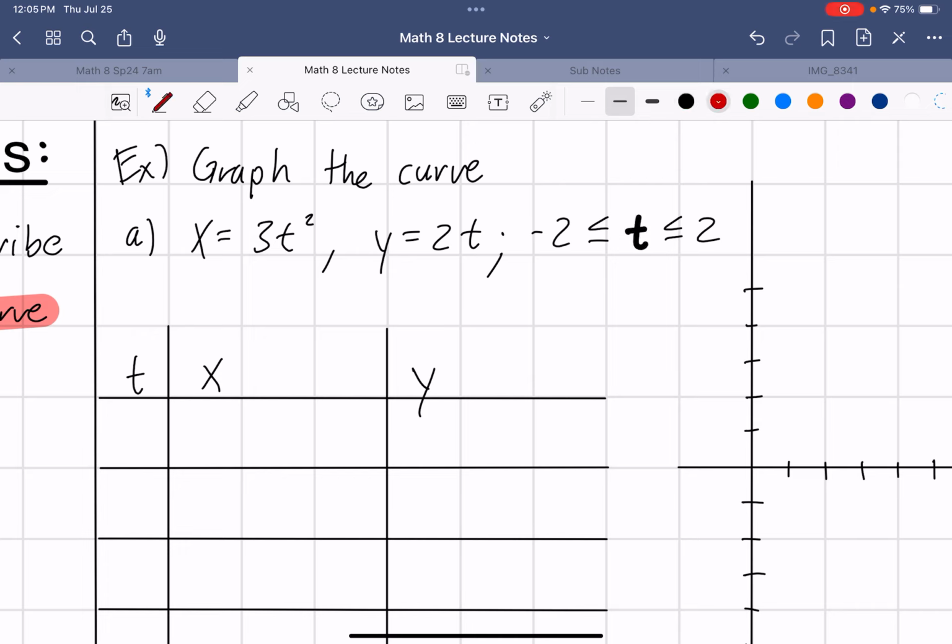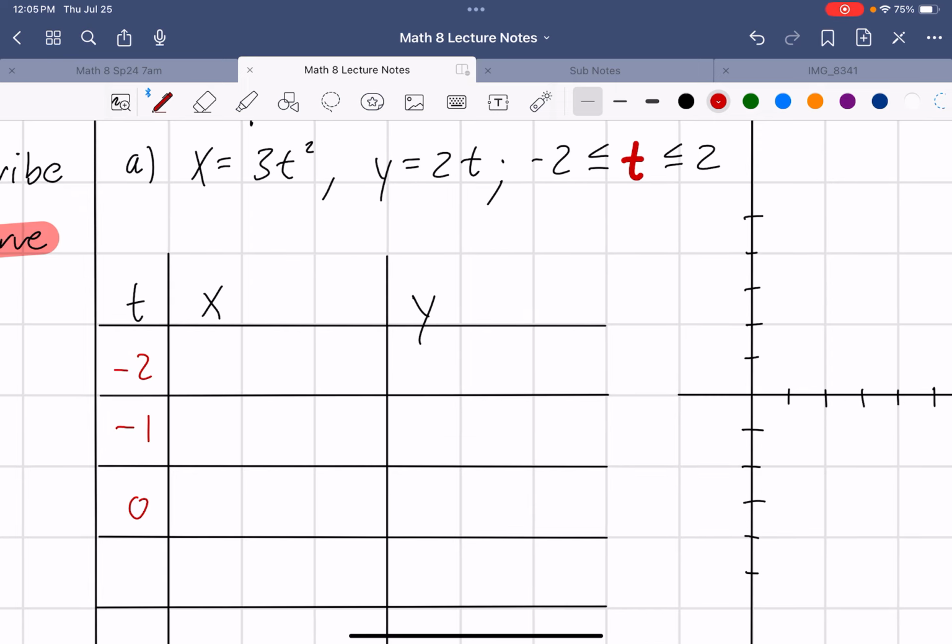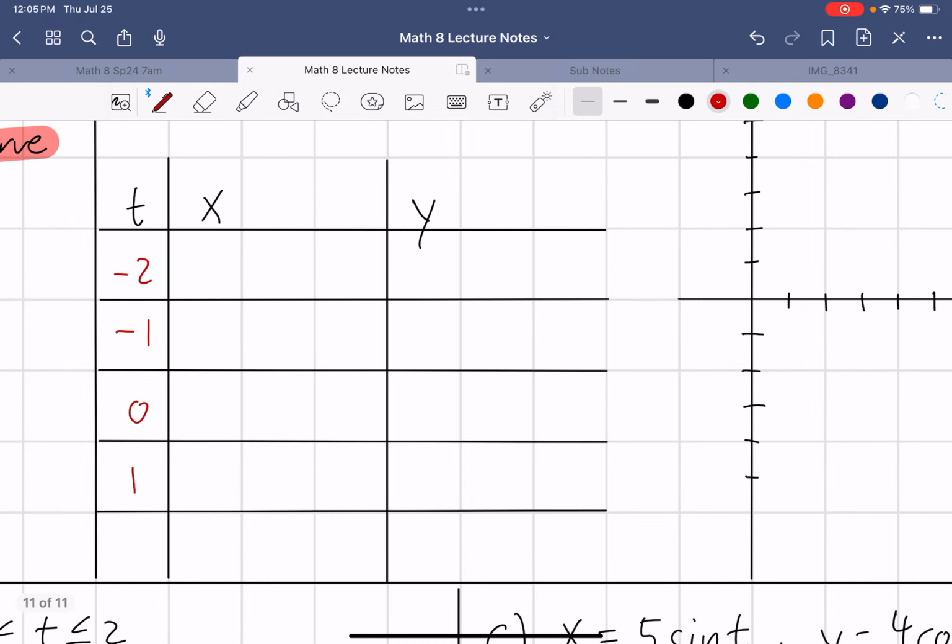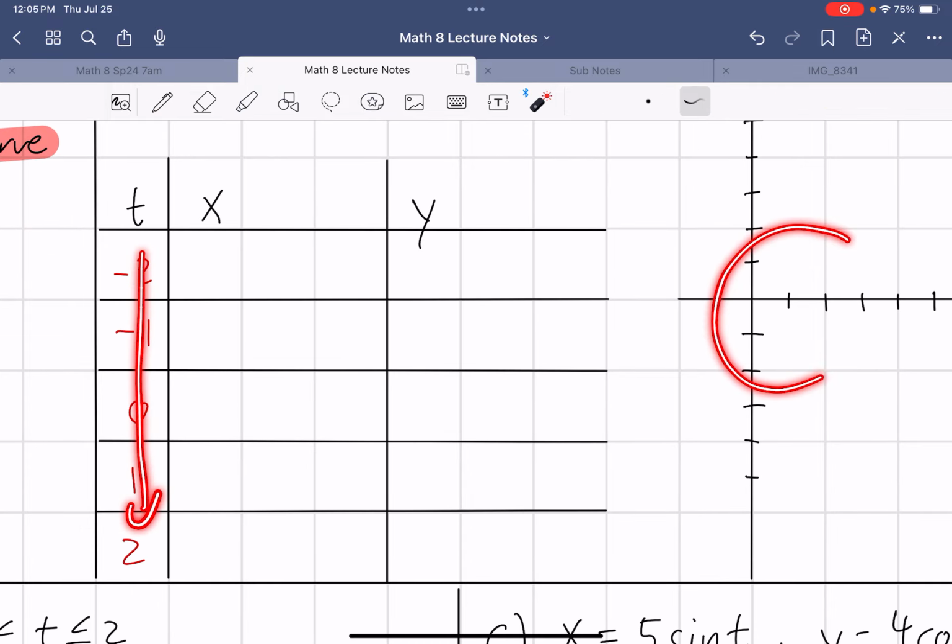So that would mean starting with, let me put t in a different color, we'll start at -2, -1, 0, 1, and then 2. And I want to keep this order as I plot it on my graph as well.